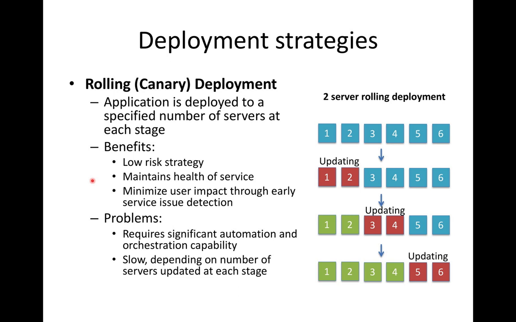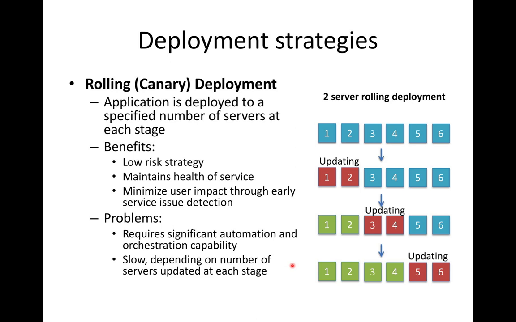So we might say that we want to upgrade 2 servers at a time out of our pool of servers. So we have 6 servers, and here we're going to start updating them. So we're going to update the first 2 in the pool, and then the next stage we'll update the next 2, and then finally we'll update the last 2. And after we've updated the last 2, now all 6 servers have been updated with our new software.